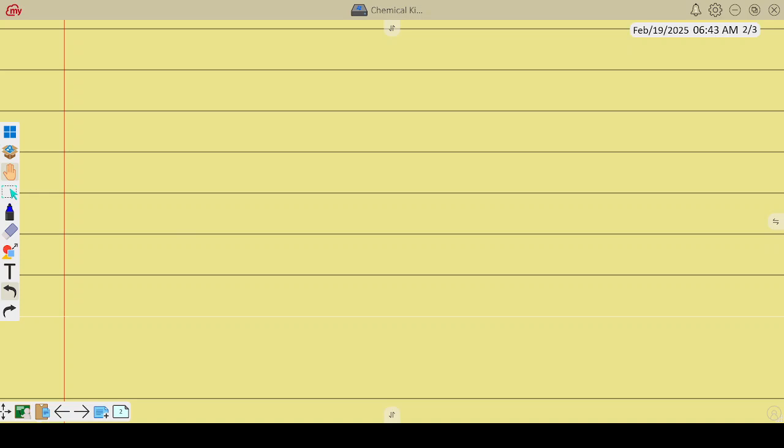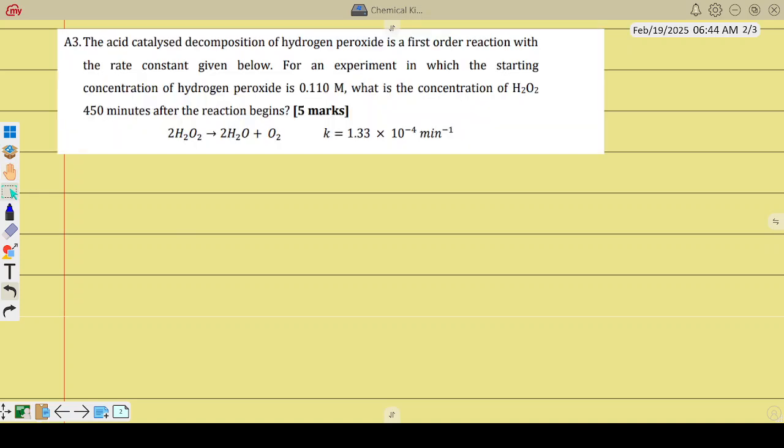Let's solve a problem. This is how simple questions can come, like they just want to give you a free 5 marks. They're saying the acid catalyzed reaction is a first order reaction. It's now clicking in your mind: first order reaction. The rate constant is given.